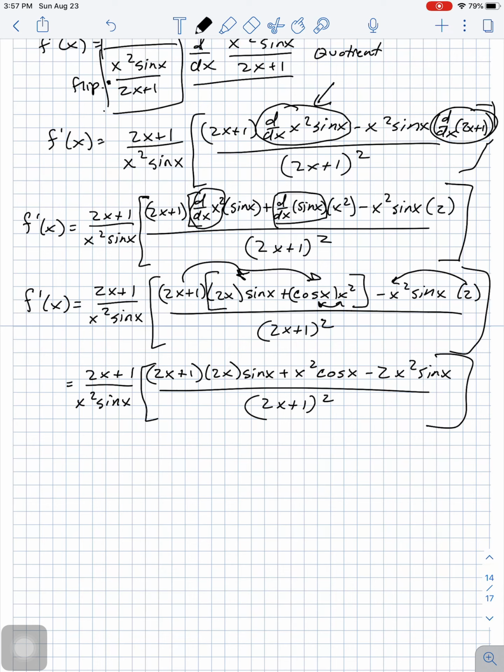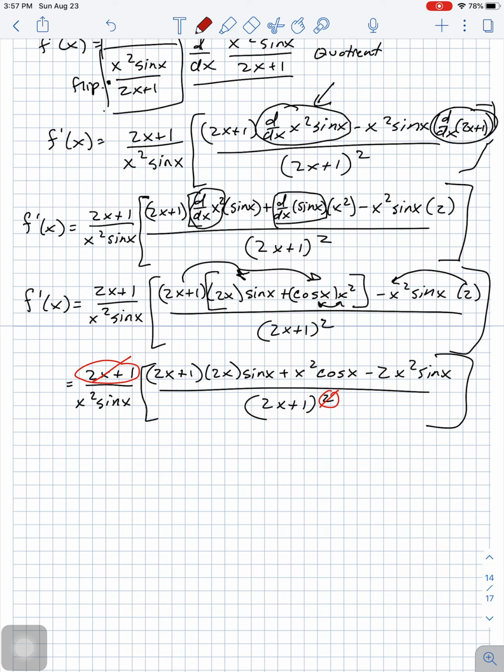Now what I'm really interested in is, can I factor a 2x plus 1 out of everything on the top, because that would create a canceling situation. And that is not true, okay? However, I widen my gaze a little and see that I have a 2x plus 1 right here that will cancel with one of these down here. So that's good news.